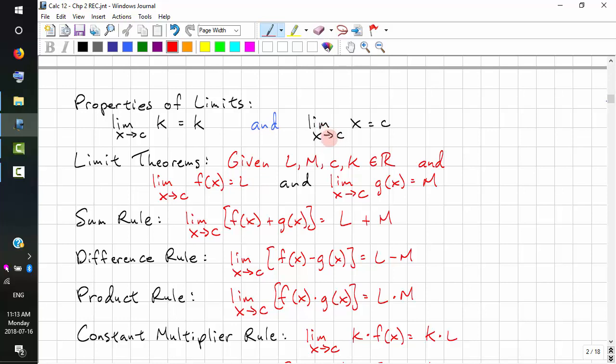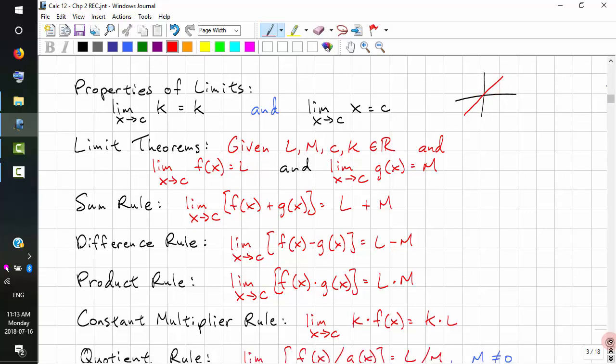If we're looking at the limit as x approaches c of x, well, it's just going to be c. And if we're looking at it on a graph, y equals x. Okay, so it's just going to be that value.